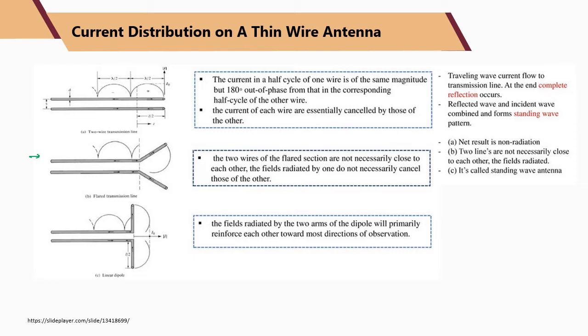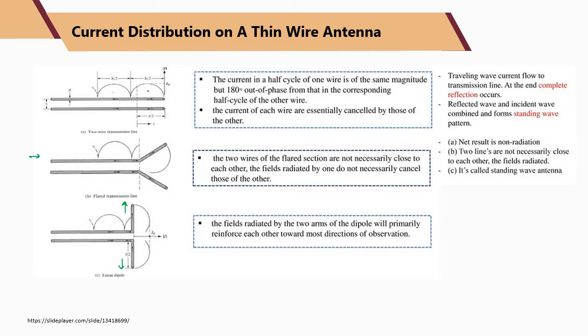But for the dipole antenna, one arm is bent to the upper side and the other one to the bottom side, or one to the right and one to the left.